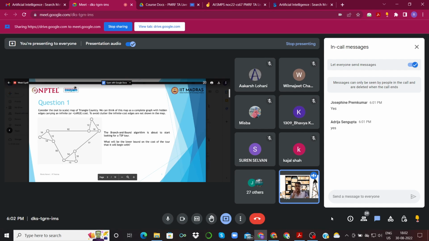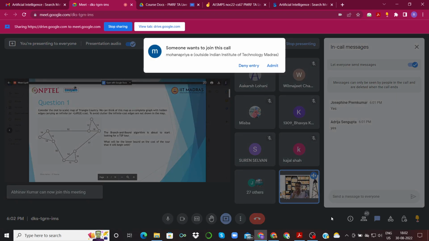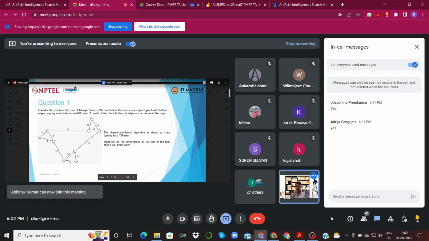Do any of you recall that, or do you have any idea how you can proceed with this question? Anyone? Through minimum edge. Right, that's in the right direction.